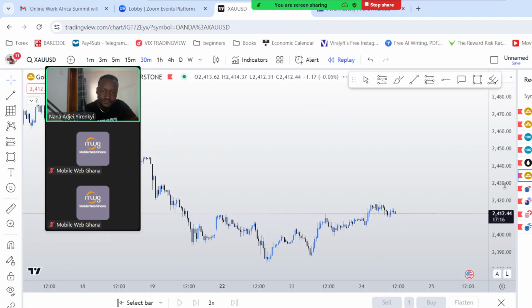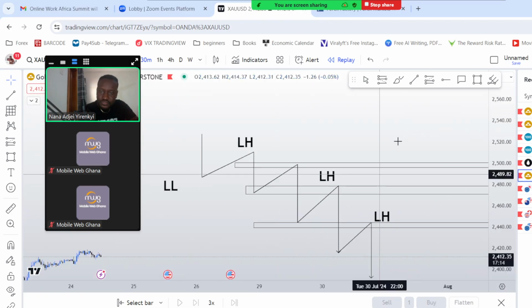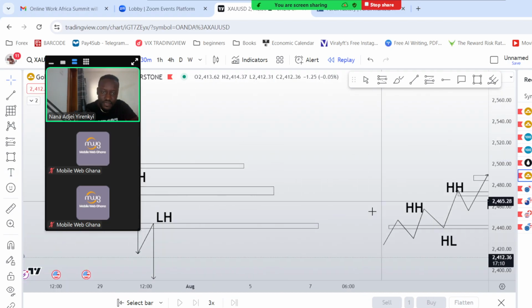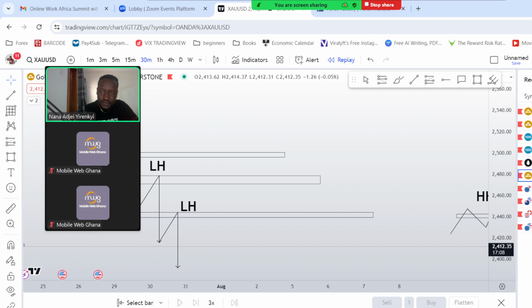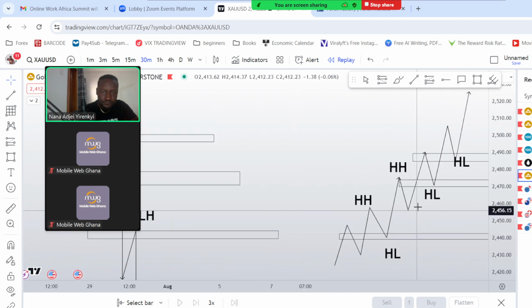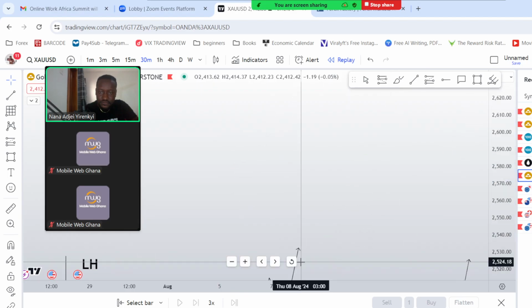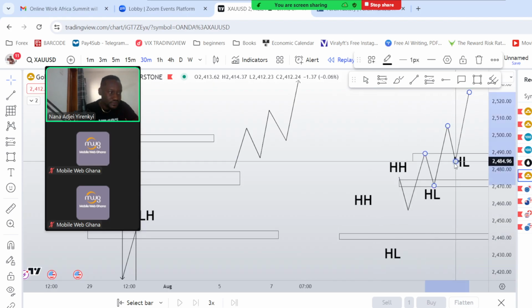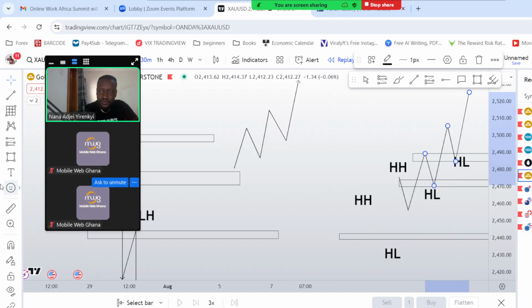So we can have an instance where a support area being marked, price will come all the way and push. Let me use my illustration. We can have an instance where a support area can be violated. Price can break below a support area.